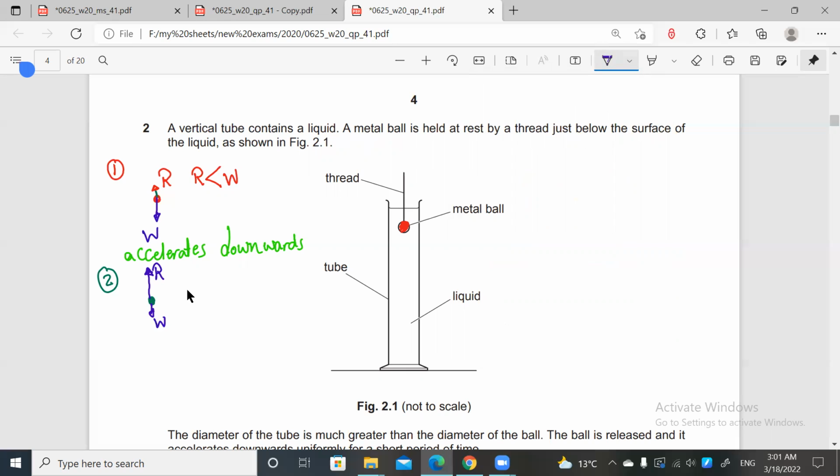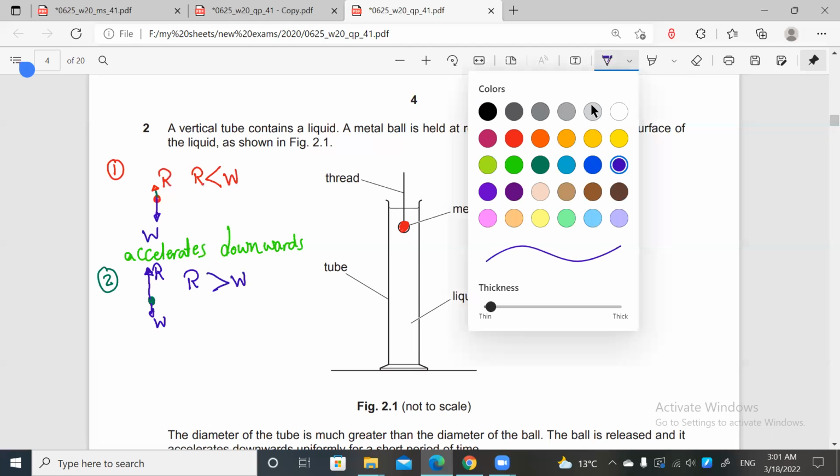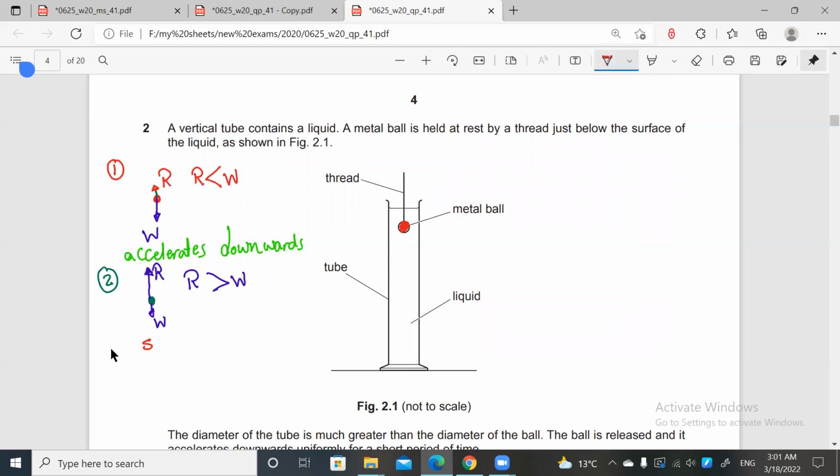The velocity of the metal ball started to increase because of the acceleration. So the resistive force becomes greater than the weight, and the metal ball in this case slows down or accelerates less.